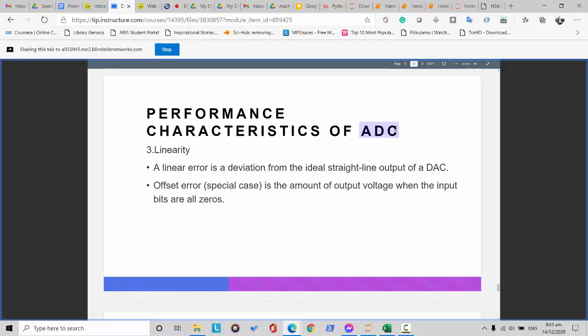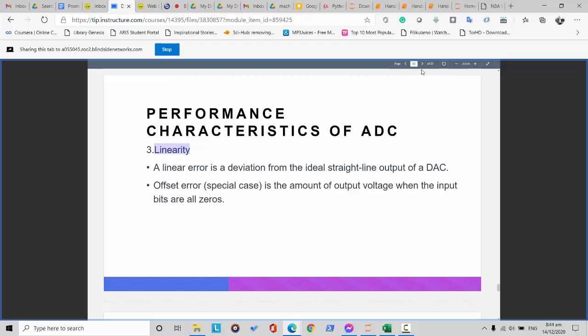So in terms of linearity, a linear error is a deviation from the ideal straight line output of the DAC. There is also a special case called the offset error, which is the amount of output voltage when the input bits are all zeros.